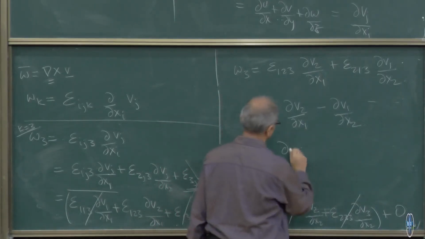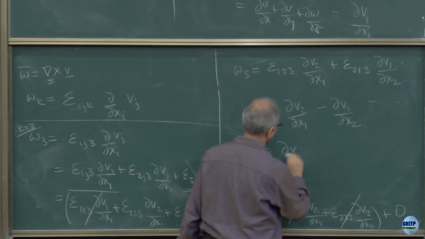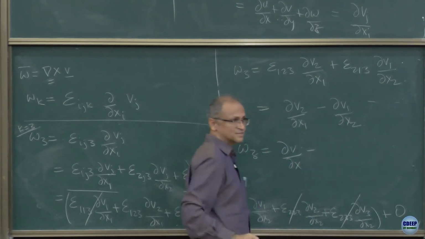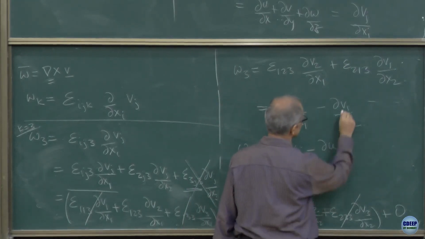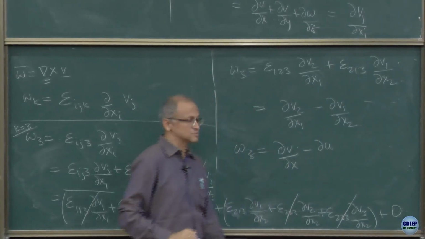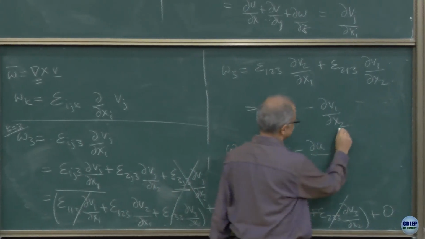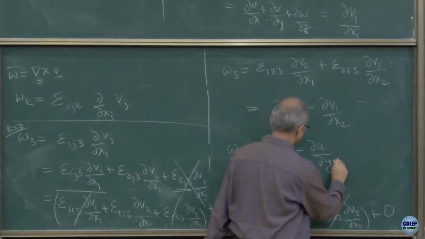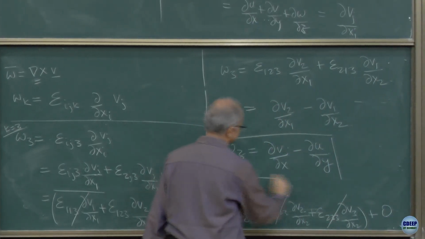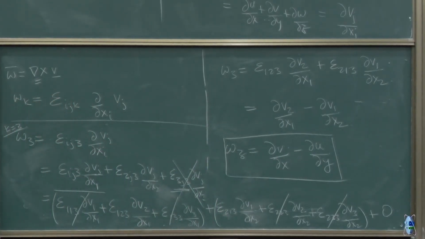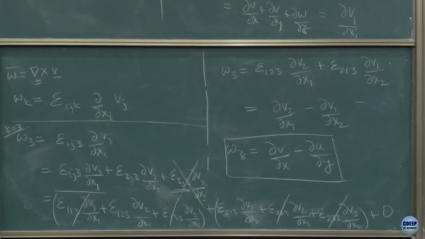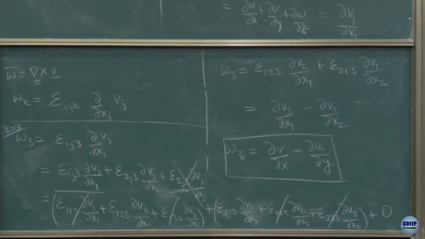This is the v component, and this is the derivative along the x direction, the first direction, and this is the u component, the first component of velocity, and this is the second direction, which is y. Right? We know that this is correct. Right? Everybody with me?